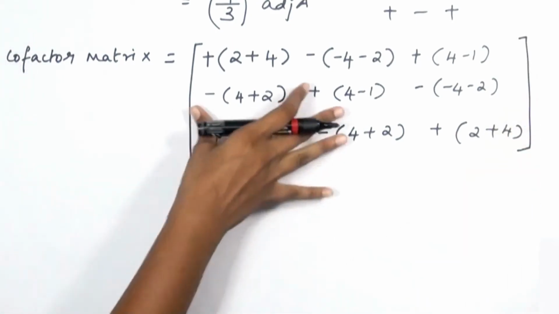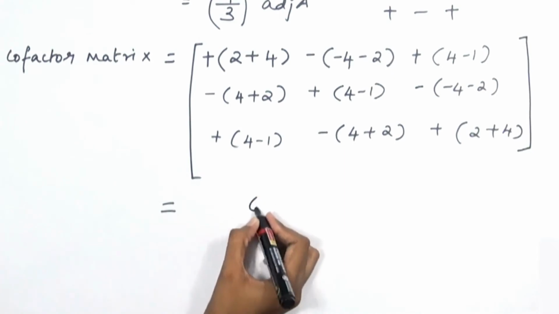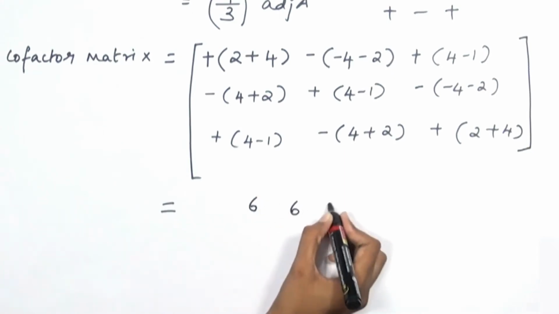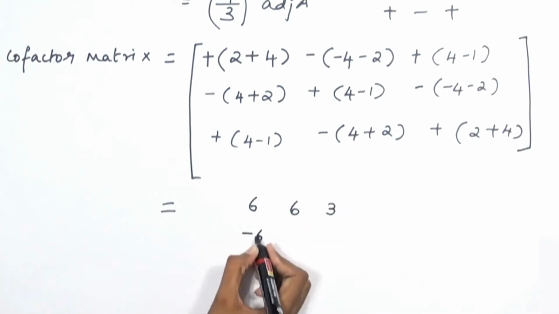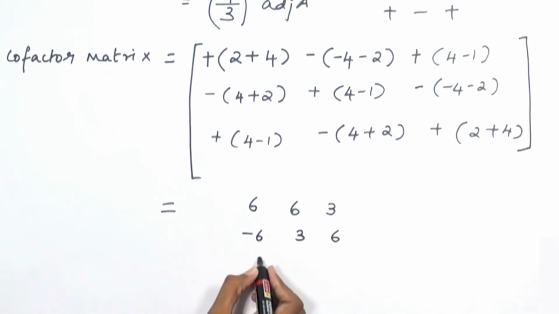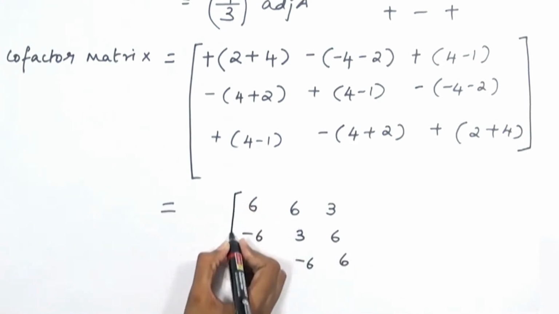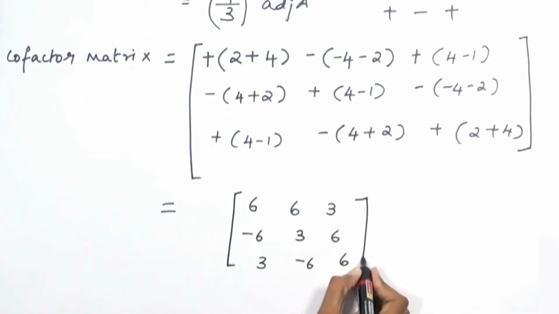After evaluating these elements, you'll be getting this answer: 6, 6, 3, minus 6, 3, 6, 3, minus 6 and 6. So this is the cofactor matrix of the following A matrix.